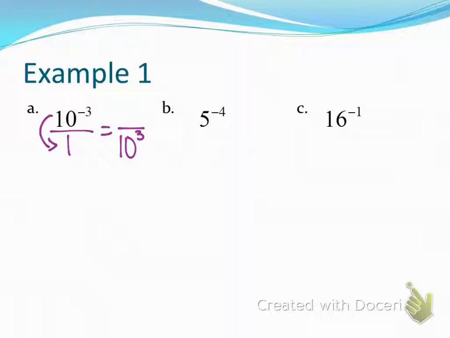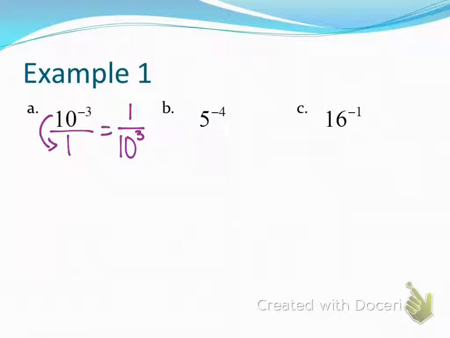So it becomes 10 to the positive third power when it goes down. But we can't leave the numerator blank. So what do you think we're going to put there? A 1. And that would be our almost answer. That's how we get our exponent to be positive.